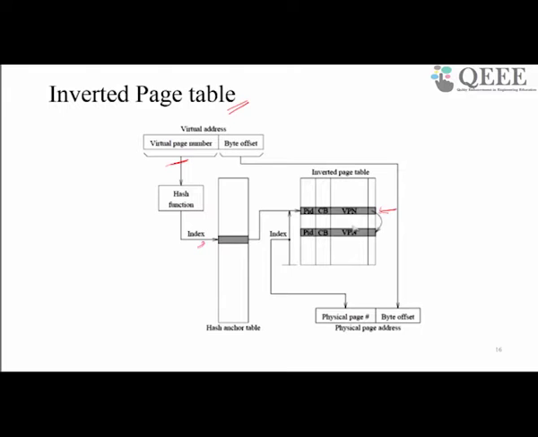So the hashing function takes a page number from a very large but sparsely populated address space and maps it onto a smaller address space. Using this, you check the entry. This entry can be used to check whether this virtual page is present or not. If it is present, then the corresponding page frame number is used along with the byte offset to generate the physical address.